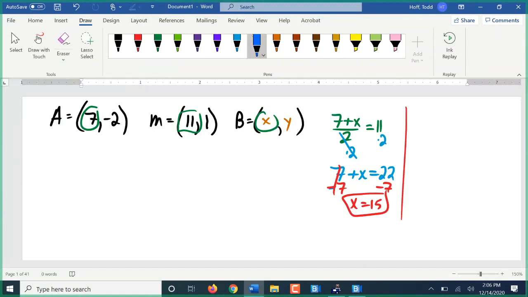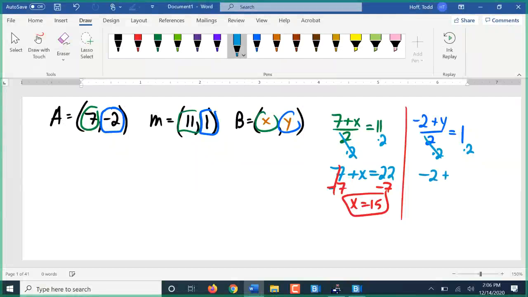For the y coordinate, we know that it comes from adding the two y coordinates and dividing by 2. So we've got -2 and y, so -2 plus y divided by 2 equals the y coordinate of the midpoint, which is 1. So I'm going to solve that by multiplying by 2.